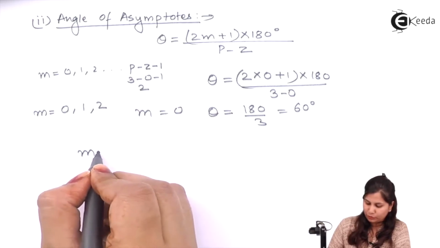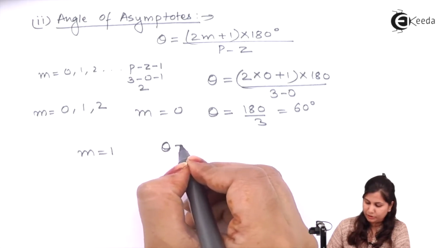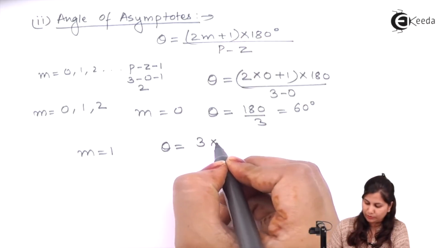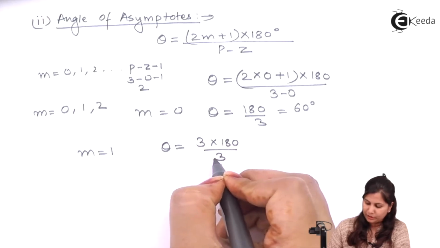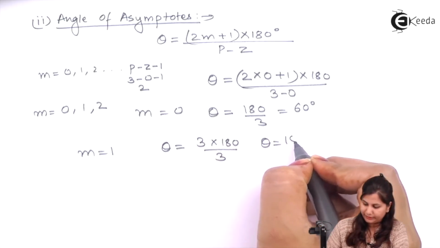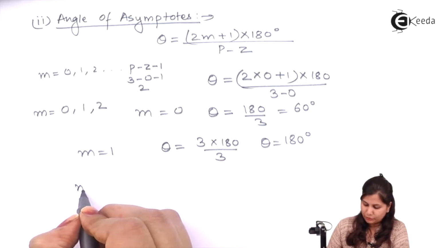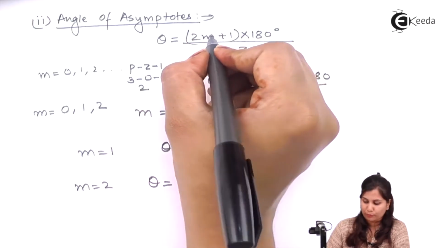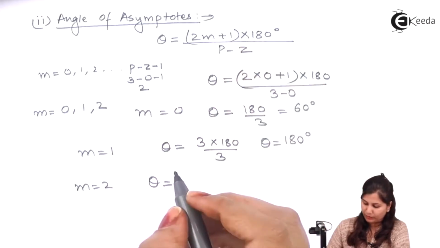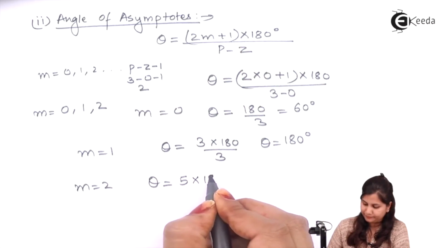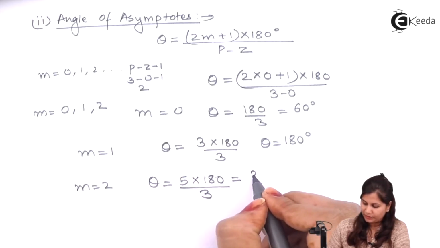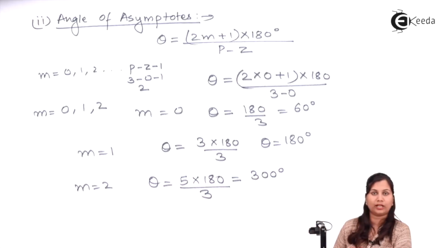For m equals 1, put 2 into 1 plus 1, that is 3 into 180 upon 3. So theta will be 180 degrees. For m equals 2, 2 twos are 4, 4 plus 1, 5, 5 into 180 by 3. So here we get the value as 300.